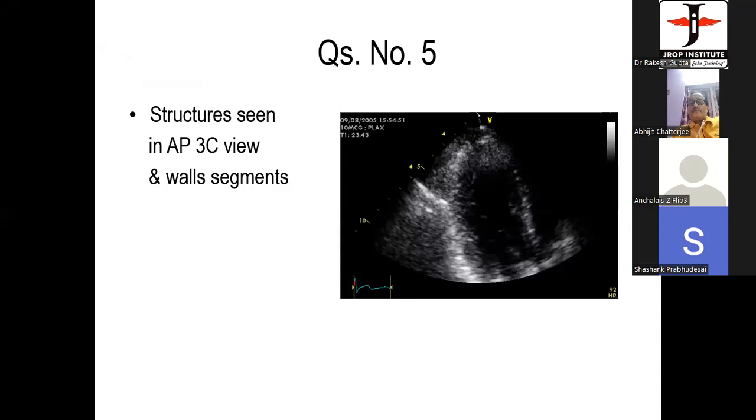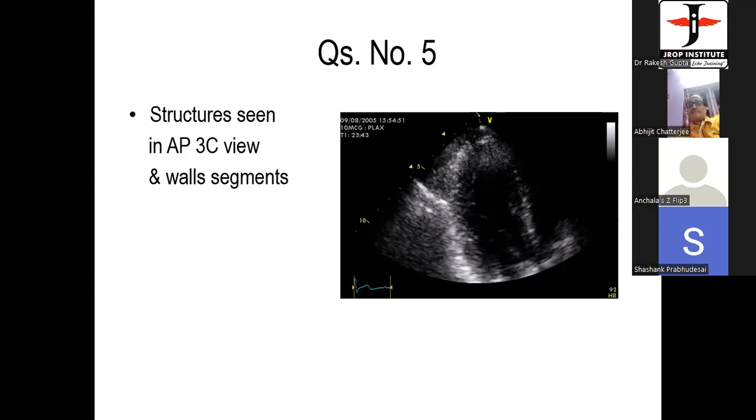This is apical three-chamber view. And what are the structures that you can see here? You can see the anterior segments and inferior segment with the LV. You can also see the other chambers. What other chamber of the heart is visible from this view?